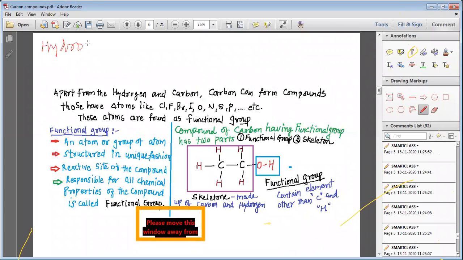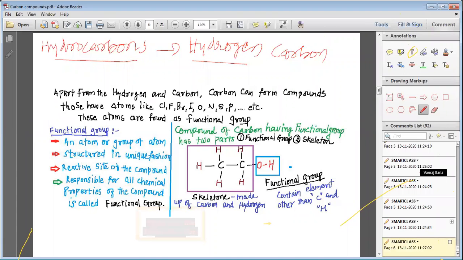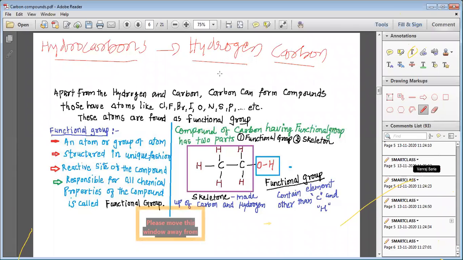These hydrocarbons have only 2 elements, hydrogen and carbon. These 2 elements are present at a time, and that is how they are known as hydrocarbons.